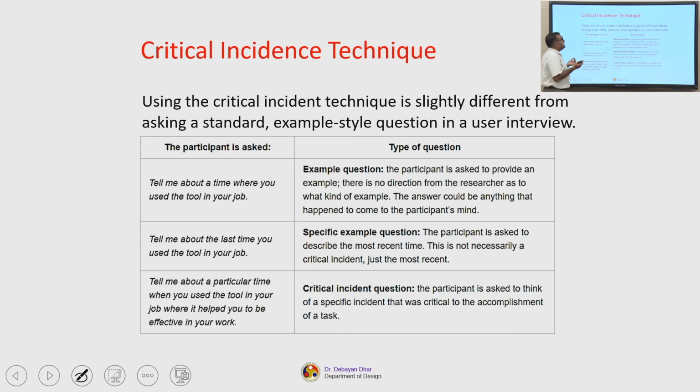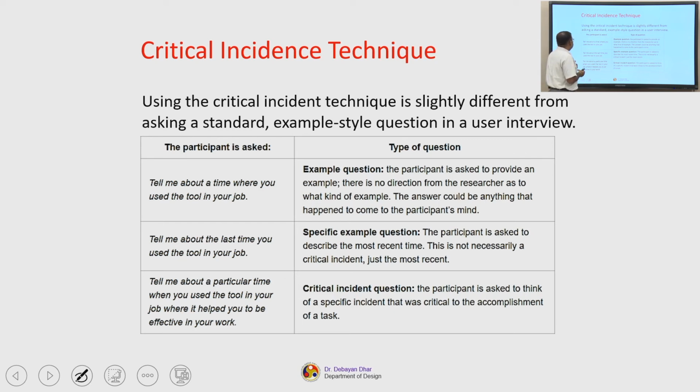The participant is asked to provide an example. Now, there is no direction from the researcher as to what kind of example he is trying to understand. The answer could be anything that happened to come to the participant's mind. So, there is no specific direction that is given to the participant in order to respond.